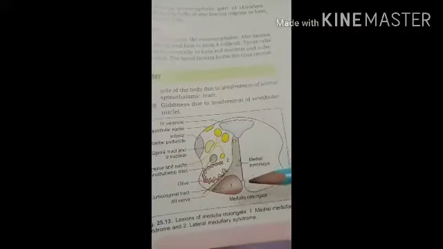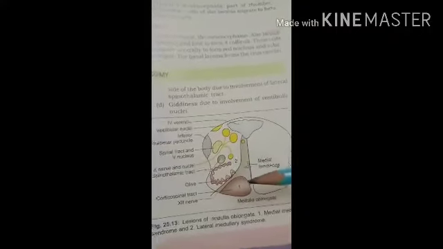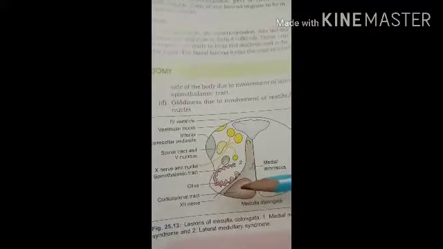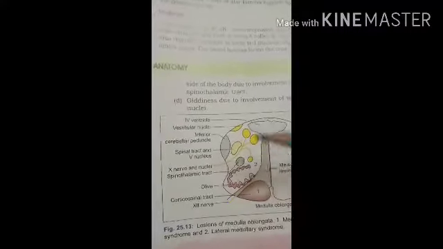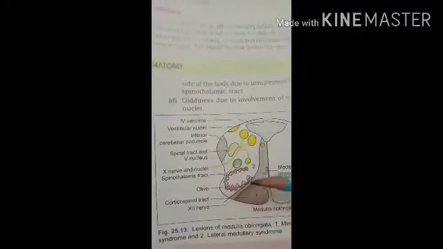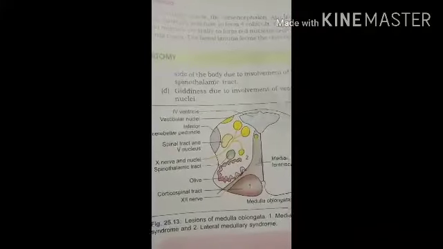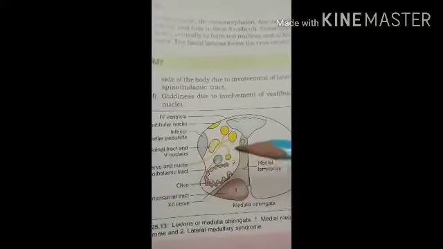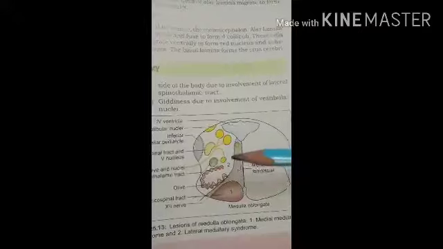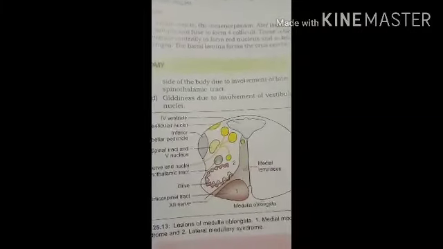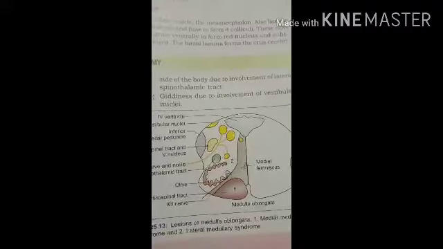Next, loss of pain and temperature on the opposite side of the body due to involvement of the lateral spinothalamic tract. And the last one, giddiness, occurs due to involvement of the vestibular nuclei. So these are the symptoms seen in the lateral medullary syndrome. So these are the clinical points related to the medulla oblongata.